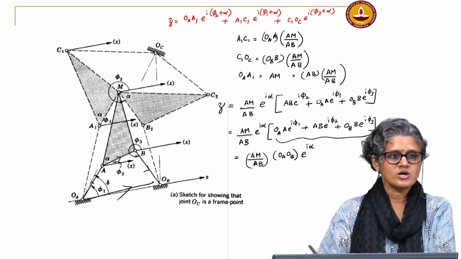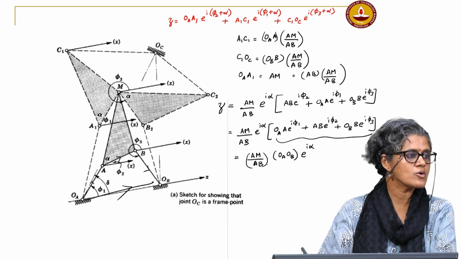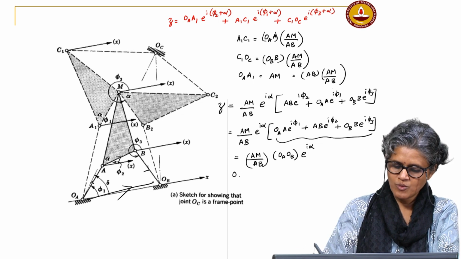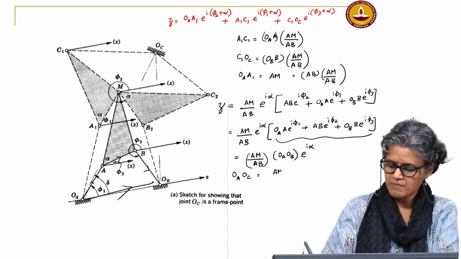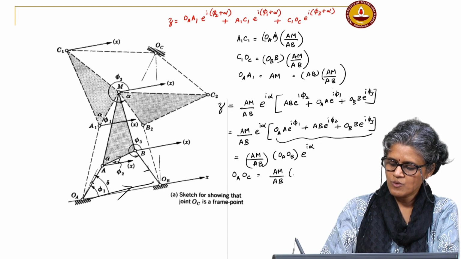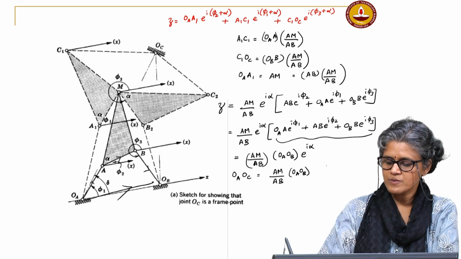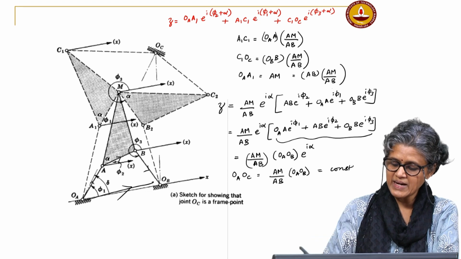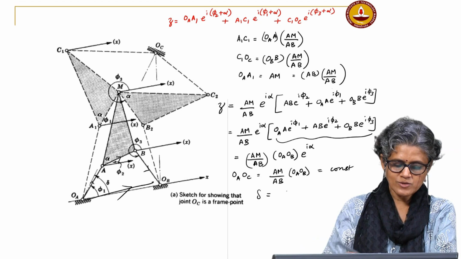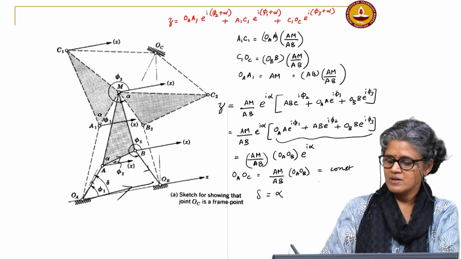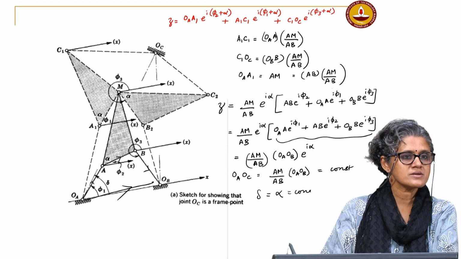All these lengths are constant, AM, AB, OA, OB are constant. So, my OAOC is equal to AM by AB into OAOB, which is equal to a constant, and my delta, the angle that Z makes, is equal to alpha, which is also a constant.